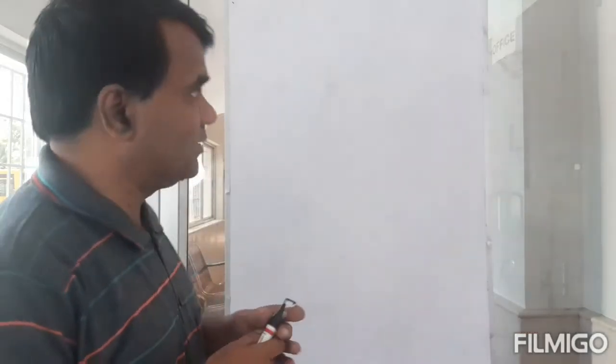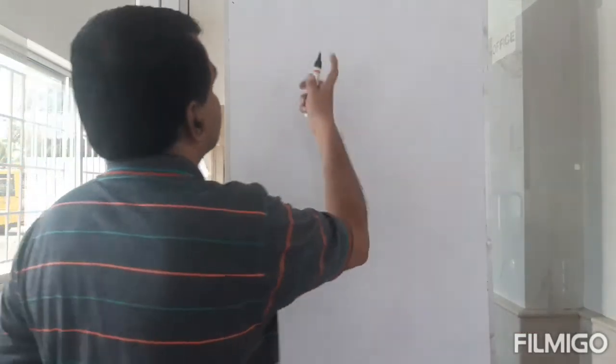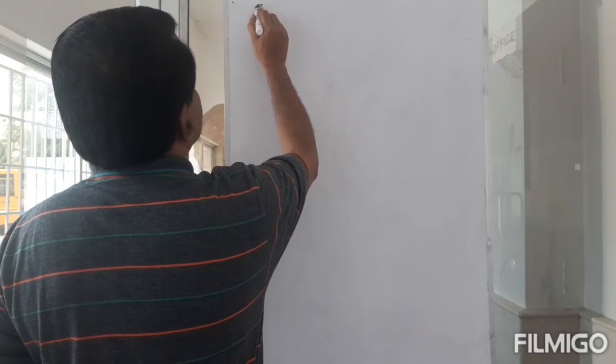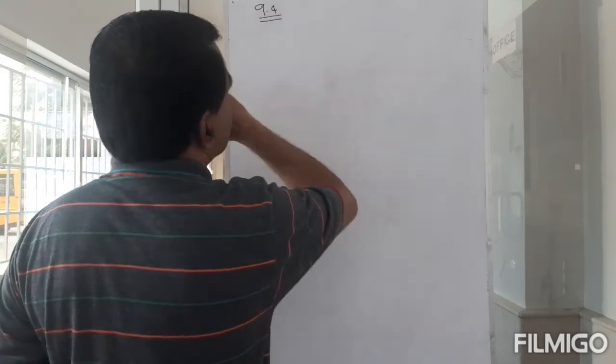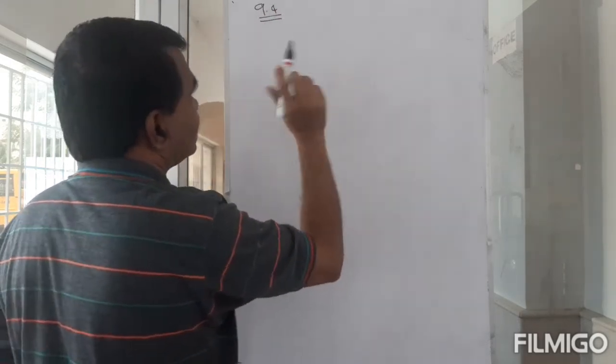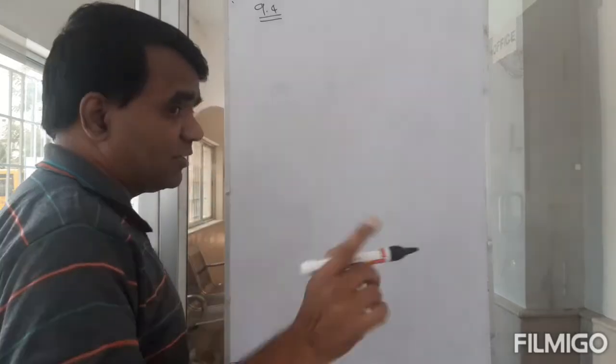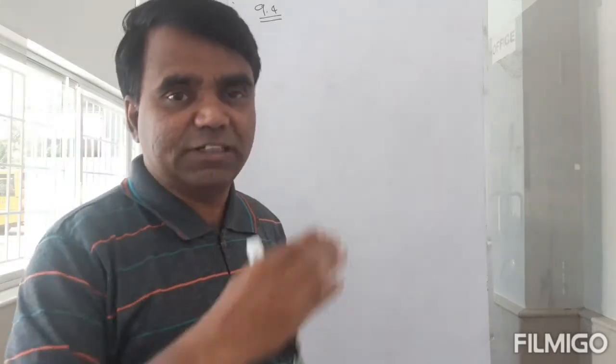So how to do this? Let me take this down. Example 9.4. You're sitting inside a car, and which mirror are you using, a concave mirror or a convex mirror? It's a convex mirror. The rear view mirror and the side view mirror are all convex mirrors.